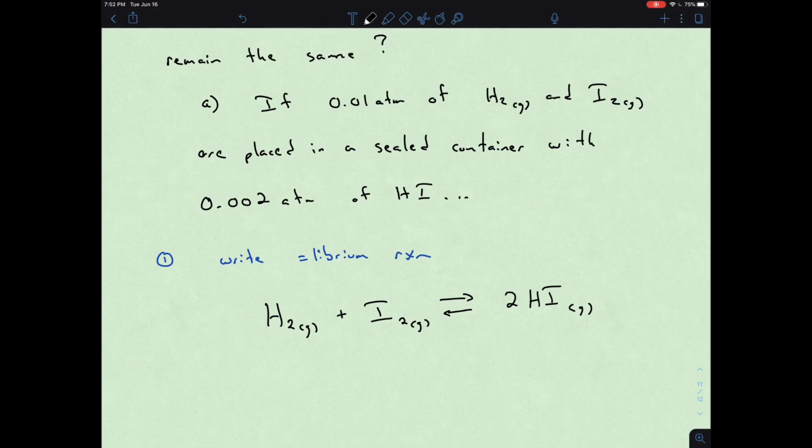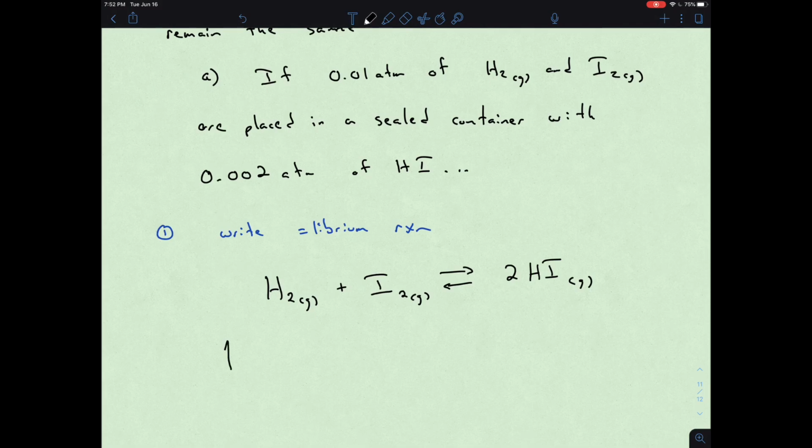So here's one of those. We have a Kp then equal to our hydroiodic acid pressure squared, our product, over our pressure of hydrogen and iodine. So that's what K is equal to.